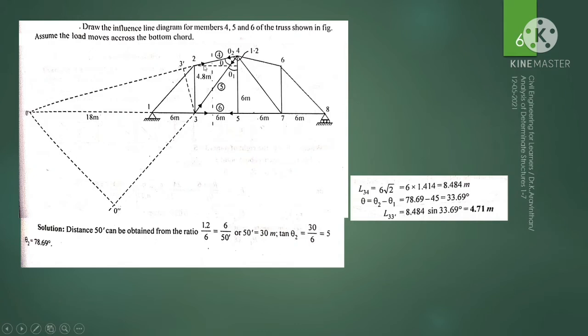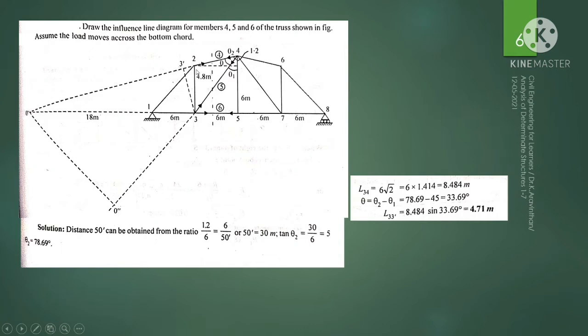So for that we will be considering load into perpendicular distance. How will we be finding the moment? Load into the perpendicular distance. Now if the load is at an angle, we cannot take this vertical line as the perpendicular distance. So we have to find the extension.